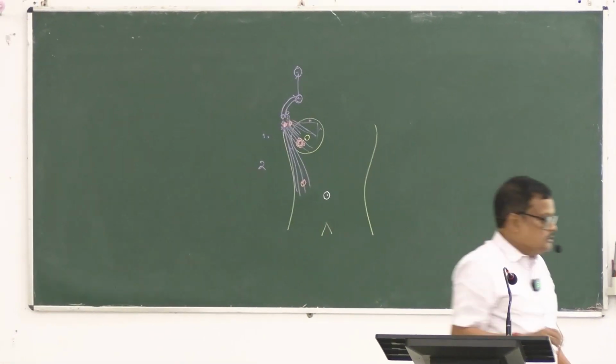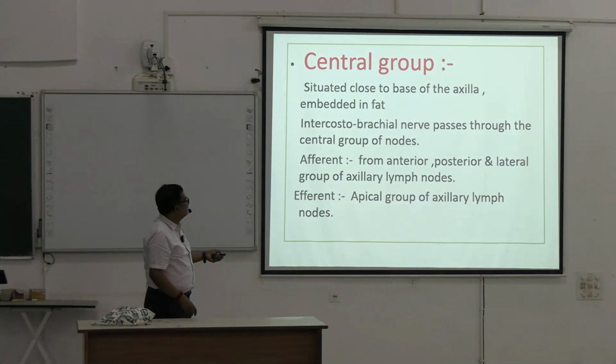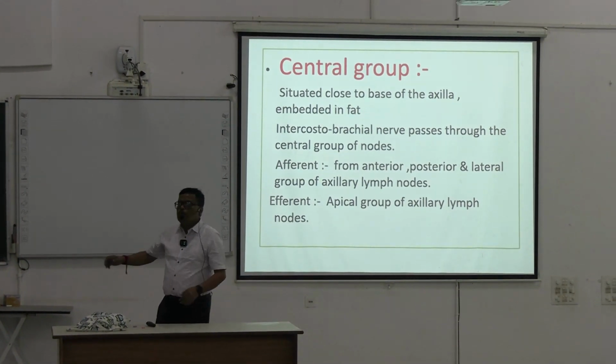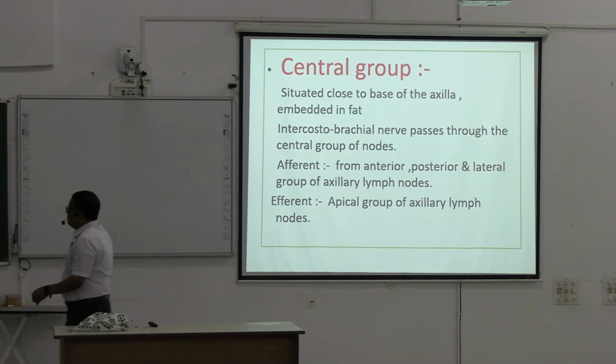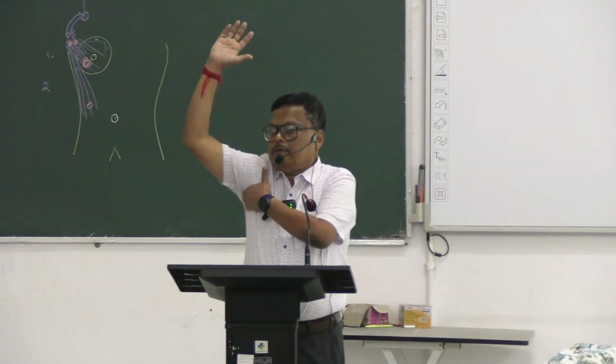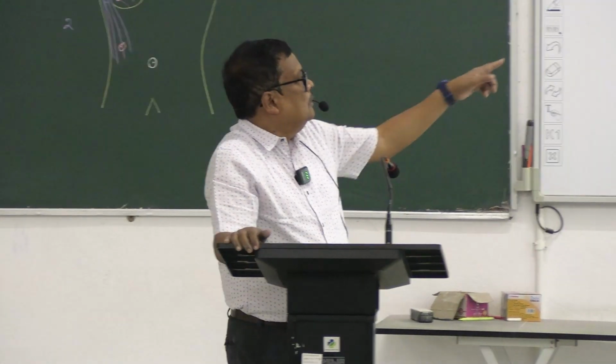What is the central group? The central group is situated close to the base of the axilla. This is the base, the skin and axillary fascia, the part you touch when you put your hand in. It is embedded in fat.